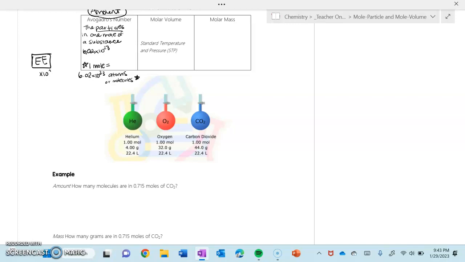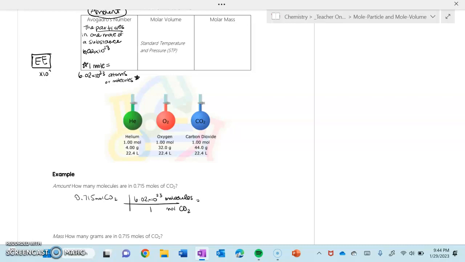So let's put that into our calculator here and set up a conversion. Moles, and then since we're converting, we'll set up our little train tracks. And our new conversion factor here: molecules in 1 mole of our compound.